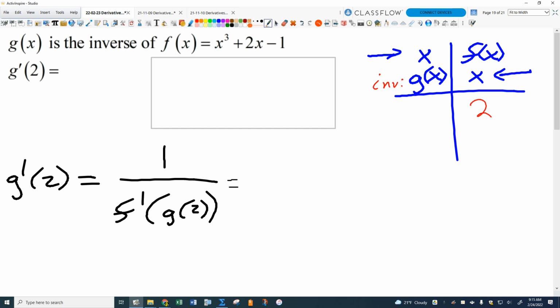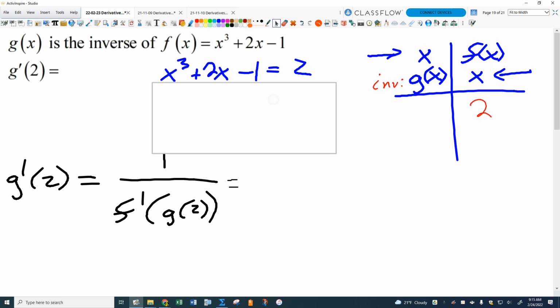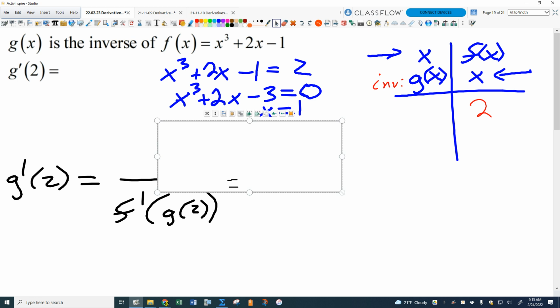Well, if I read this in our regular function, 2 is the output, and we're seeking the input. So I'm just going to set this function equal to 2 and solve. What's it going to be? What's the answer, just by inspection? Yeah, it's just 1, isn't it?